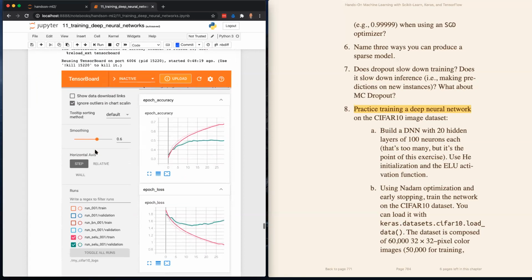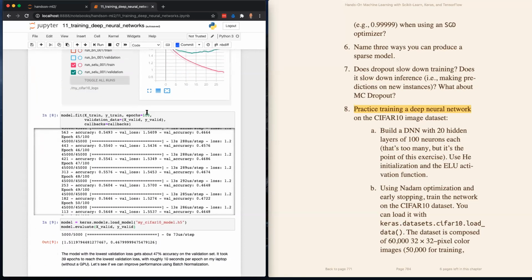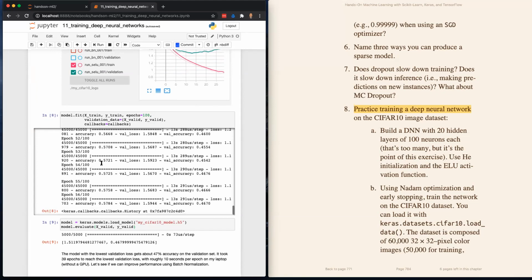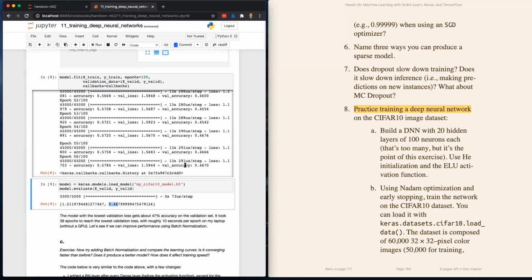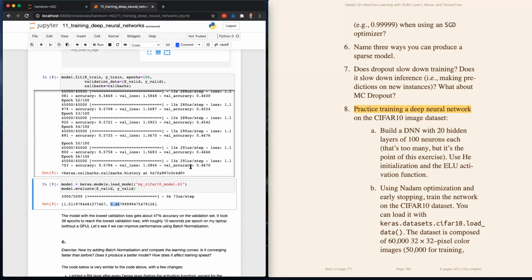So I went ahead and ran that initial model for 100 epochs. It went up to 56 epochs, and it gave us an accuracy of 46 on the test set, and I think 46 on the validation as well, 46.4670.